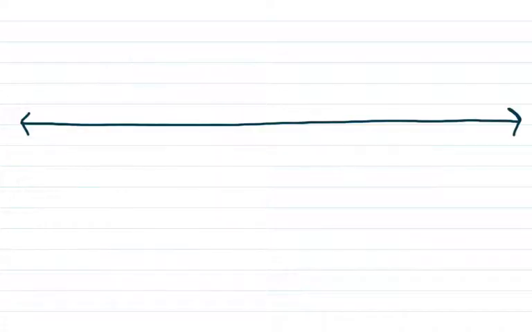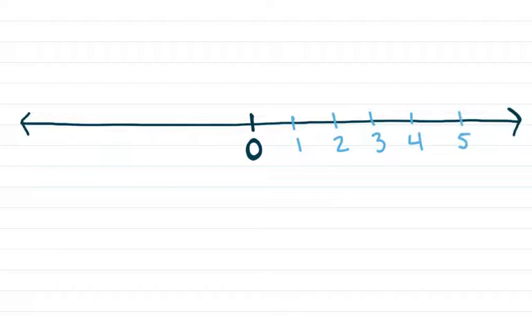So not decimals, not fractions right now, but a positive or negative whole number. Now, when we take a look at the number line, we know that 0 is here, and we know that on one side of 0, we have all of these positive numbers. So far in our math careers, we have been using only the right side of the number line where all of the positive numbers live, or positive land as I like to call it.